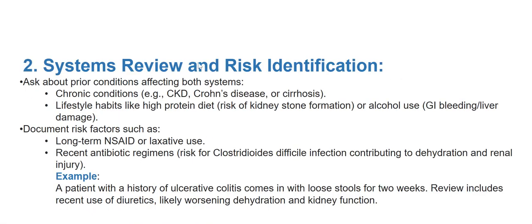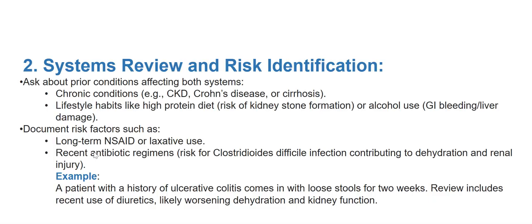Systems review and risk identification. Ask about prior conditions affecting both systems. Chronic conditions, for example, chronic kidney disease (CKD), Crohn's disease (CD), or cirrhosis. Lifestyle habits like high protein diet, risk of kidney stone formation, or alcohol use, GI bleeding and liver damage.